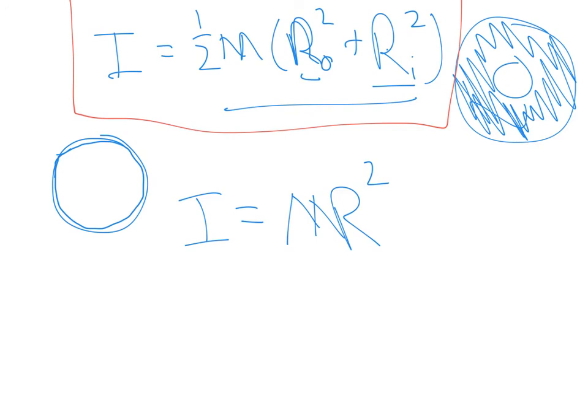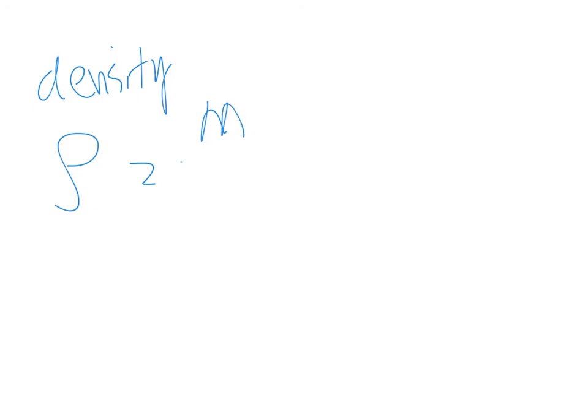I think it's really important, recognizing this step again where I took, and this mainly works for uniformly distributed mass, but it doesn't really have to be. In this case, there's some density which tells you your mass per volume, right?